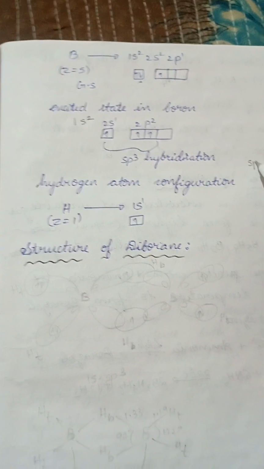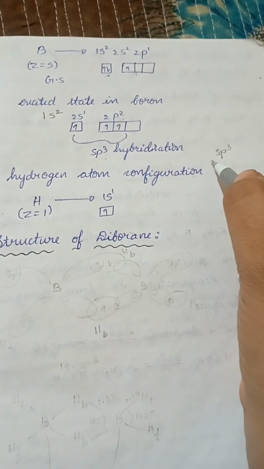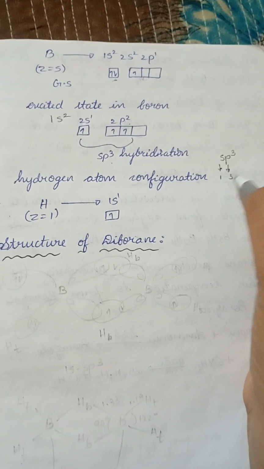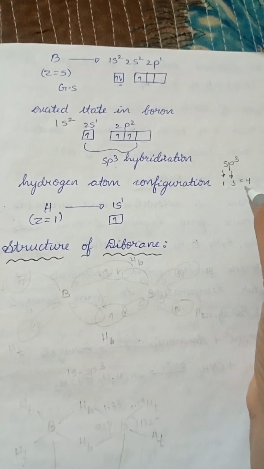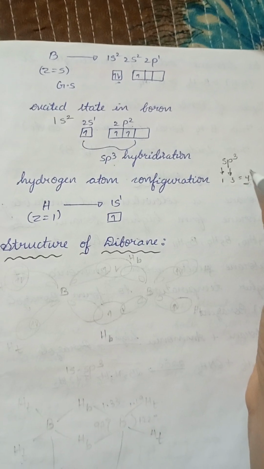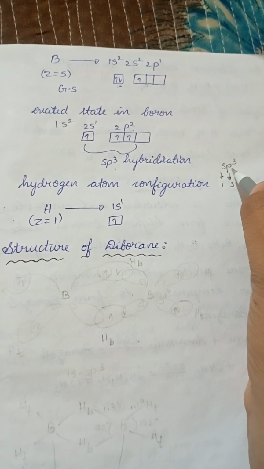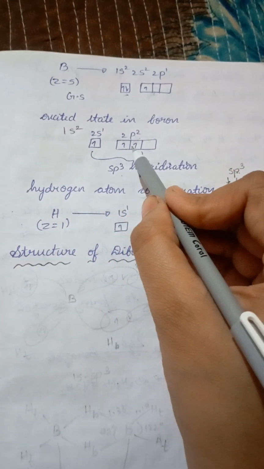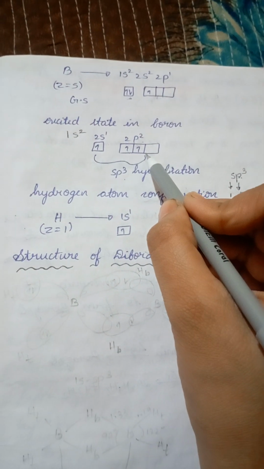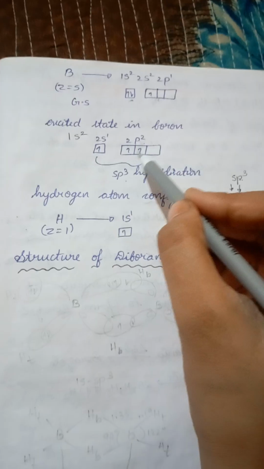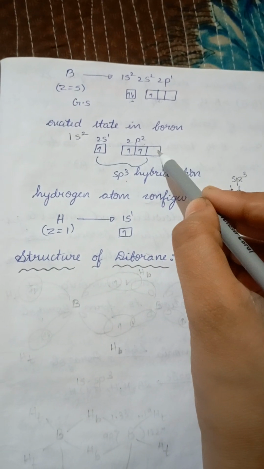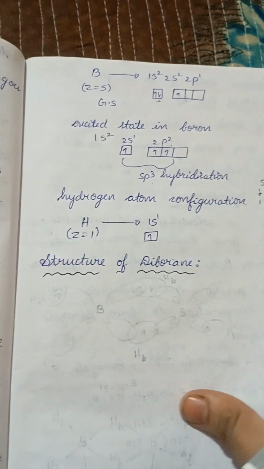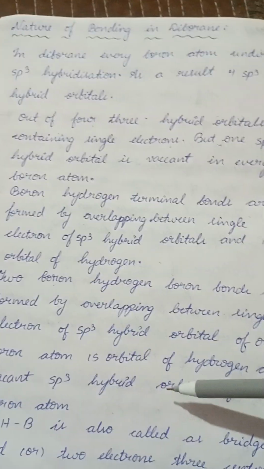So sp3 means 1s orbital and 3p orbitals, which means totally 4 hybrid orbitals are involved in sp3 hybridization. But in this case, only 3 sp3 hybrid orbitals contain single electrons and one sp3 hybrid orbital is vacant. That's what we say in all this theory part.